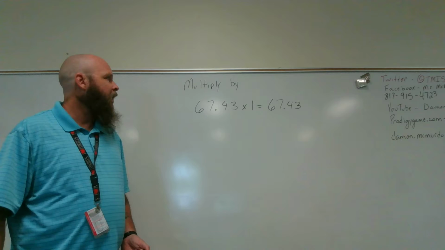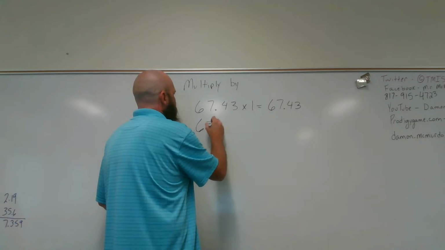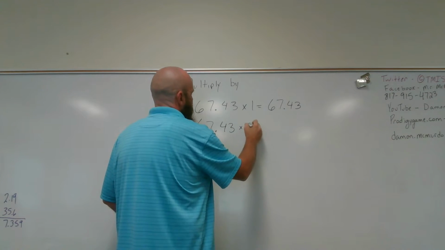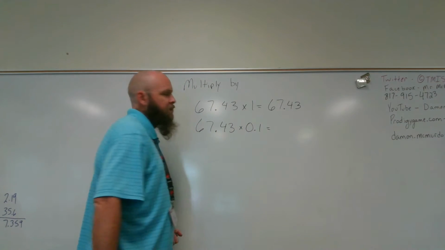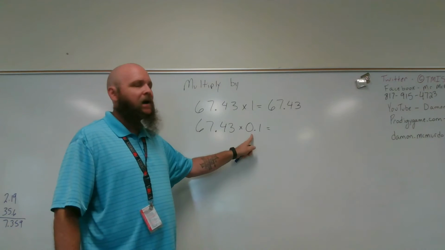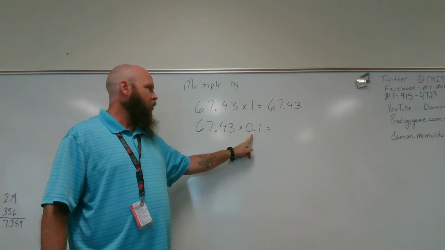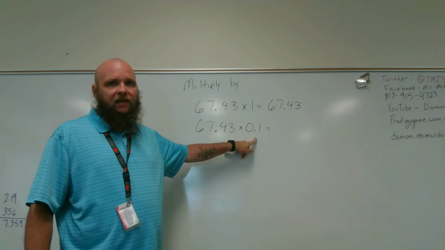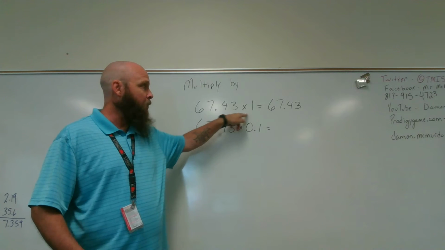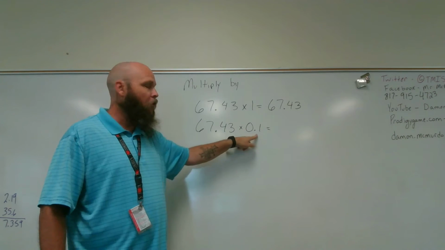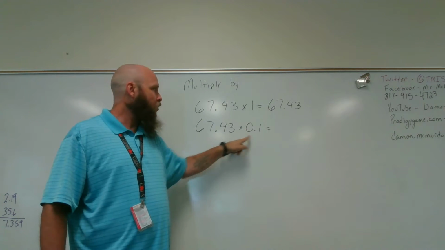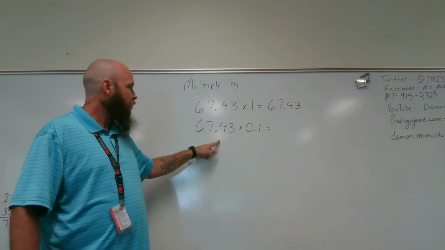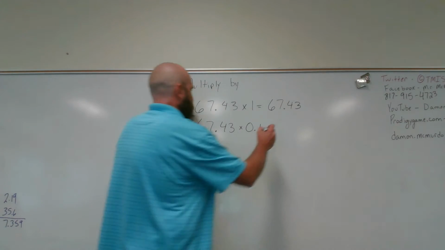If I multiply that by 1/10, this time, since we're multiplying by less than 1, our number is going to become smaller. So if I multiply by something less than 1, because if I multiply it by 1, it stays the same, this number has to become smaller. And if it's 1/10, you move it one place.